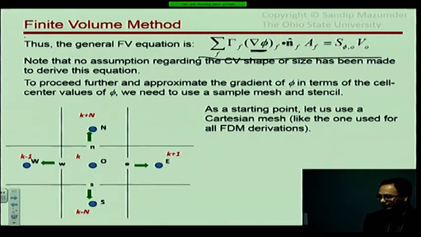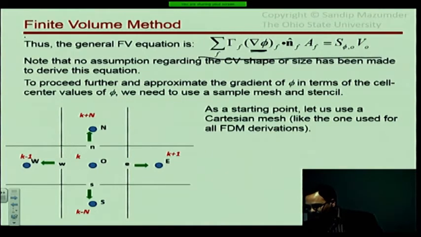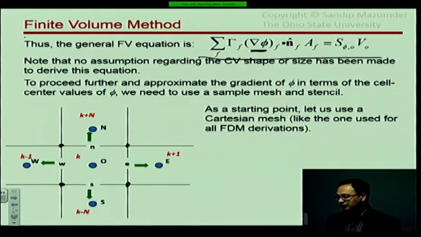And here is a stencil that you are familiar with. So your finite difference nodes were located here. So in other words, the vertices of the control volume were your finite difference nodes. But now we have these cell centers that I've shown in blue circles. And again, we use these directional notations.